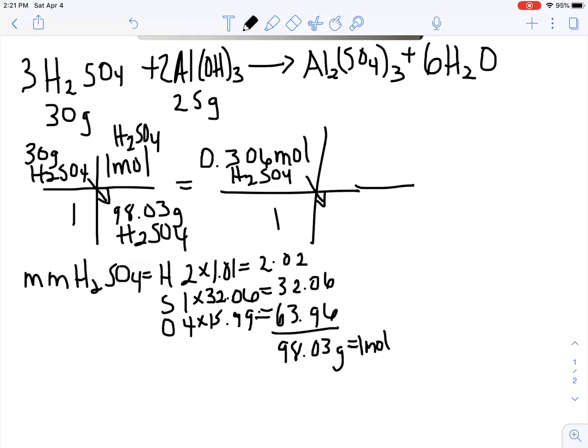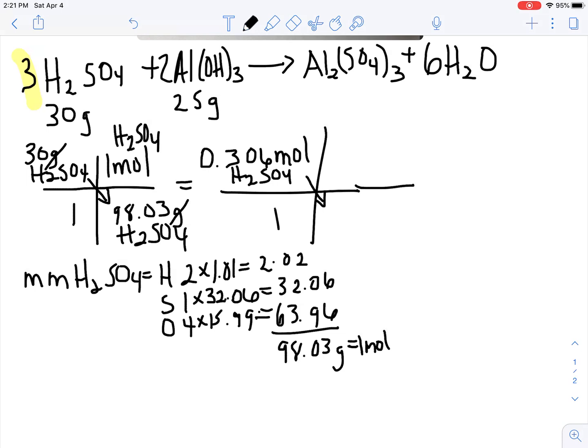Remember, grams are gone. We still have H2SO4, we still have sulfuric acid. Now we're going to use the mole ratio. This is what we learned last week. What's my coefficient for sulfuric acid?